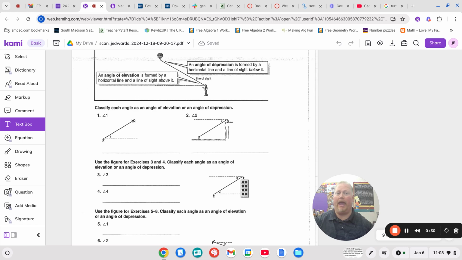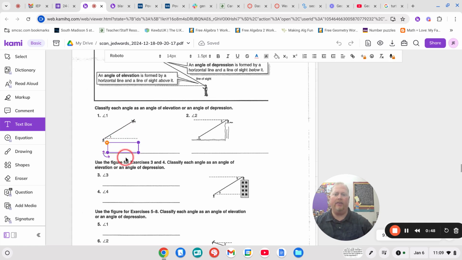All right, welcome back. Since the angle is down where the dude is, and the dude's looking up at the plane, because the line is formed with the horizontal, remember, elevation and depression is always formed with the horizontal line, never the vertical. Because the dude's looking up at the plane, that is elevation.